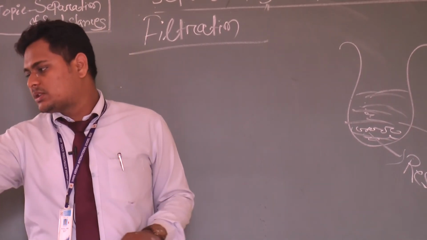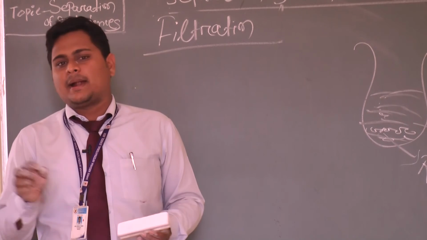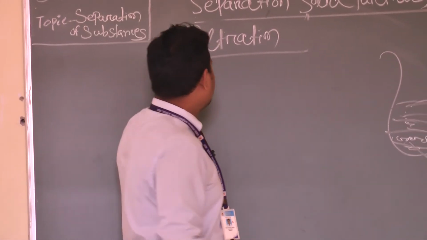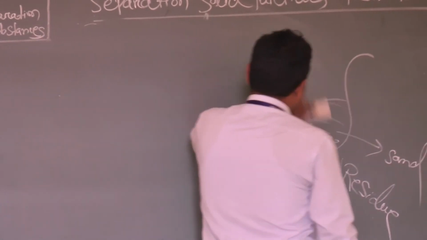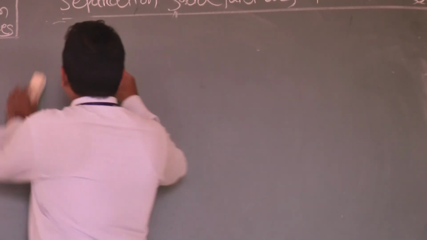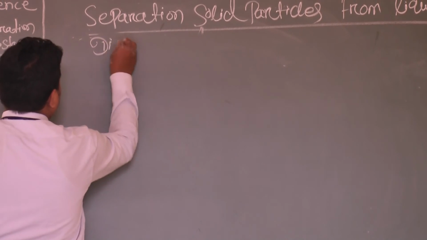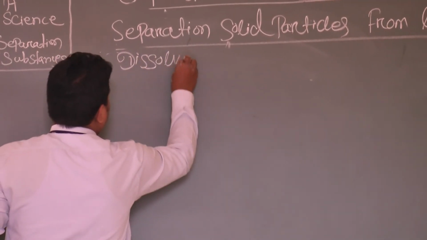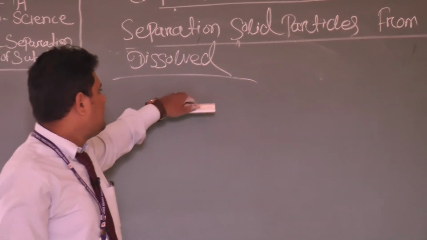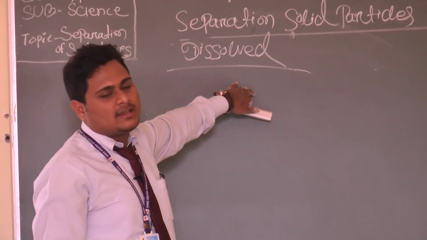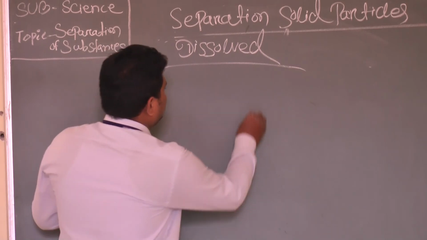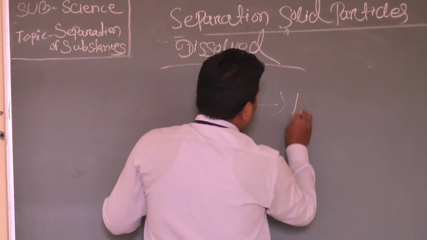Now we will discuss the solid particles which are dissolved in water. What processes can we use to remove the solid particles which are dissolved in water? First, we will use the evaporation process.